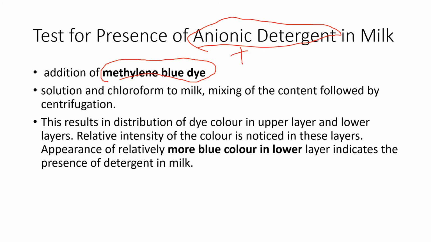When the detergent-containing milk sample is mixed with methylene blue, it gives two blue colors: deep blue at the bottom and light blue in the upper layer. So this is what the methylene blue test is all about. It is used to find the anionic detergents. Just remember.